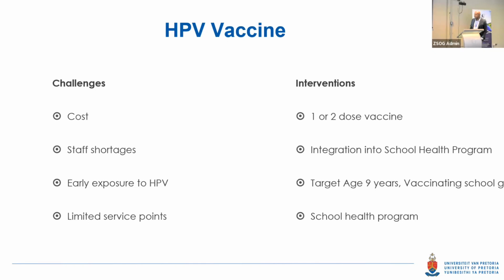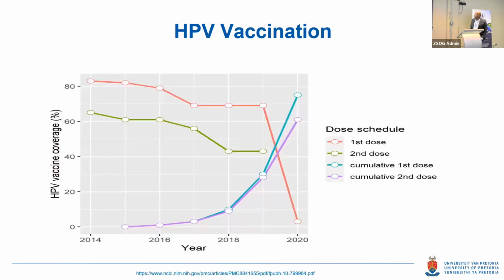So our interventions were to use a 1 or 2 dose vaccine of Cervarix. We integrated the system into the public school health program, targeting young girls at age 9 and vaccinating schoolgirls. The program is still done in the schools.